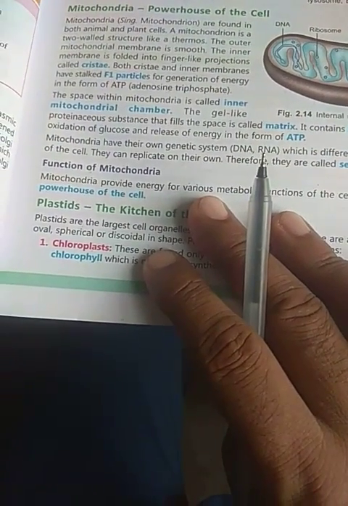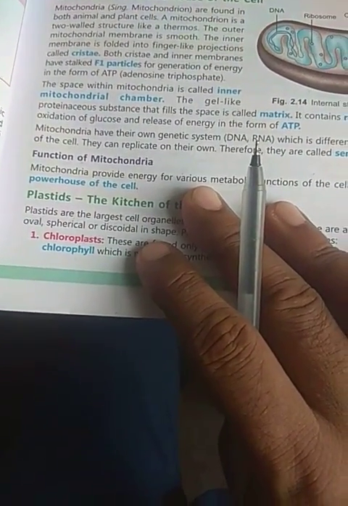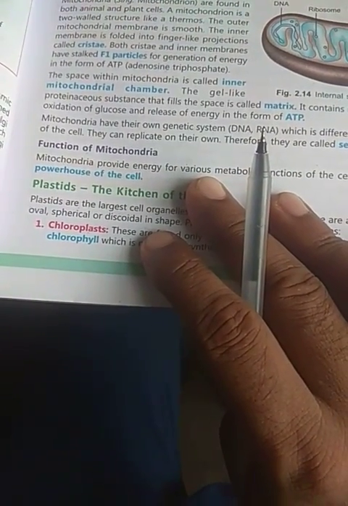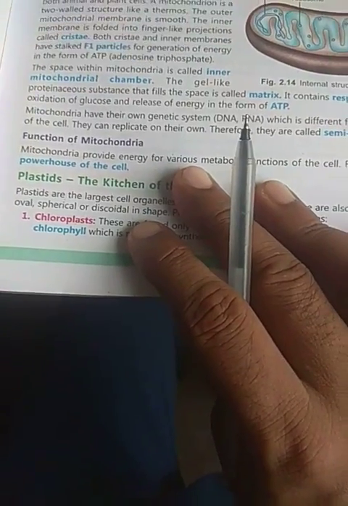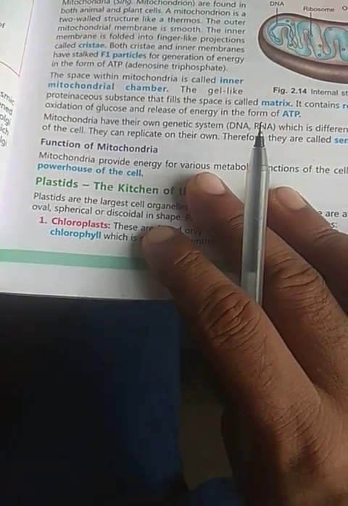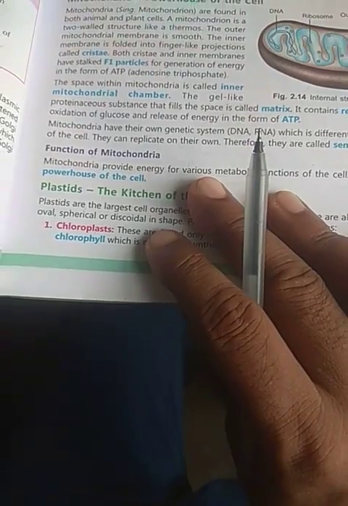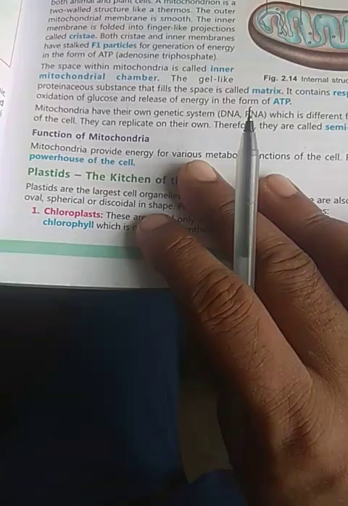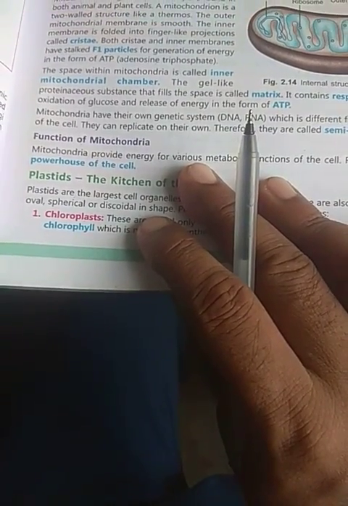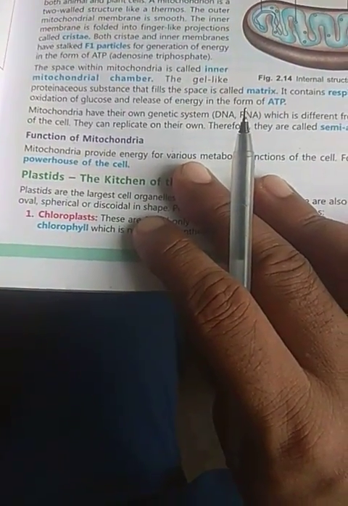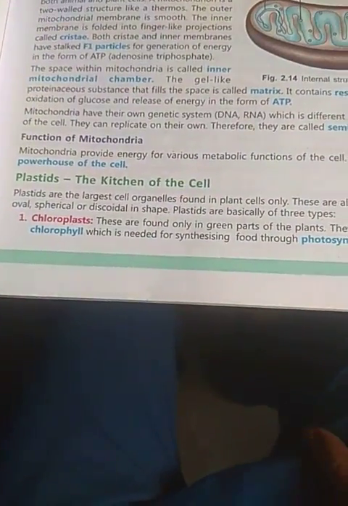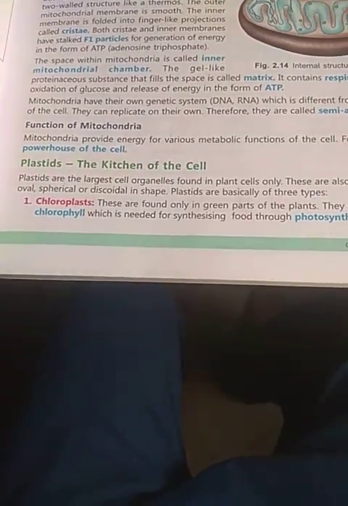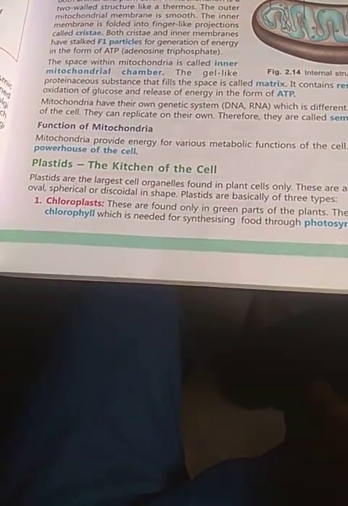Both cristae and the inner membrane have F1 particles for generation of energy in the form of ATP. ATP means adenosine triphosphate, and it is called the energy currency of the cell. After discharging energy, adenosine triphosphate converts into ADP, which means adenosine diphosphate.